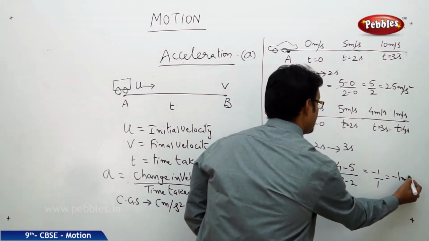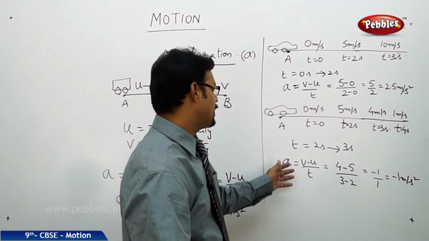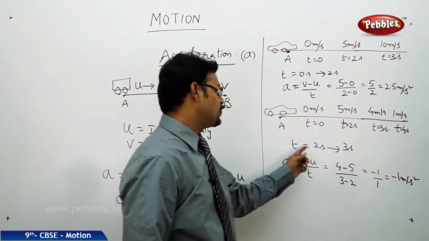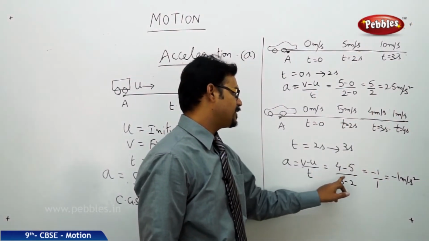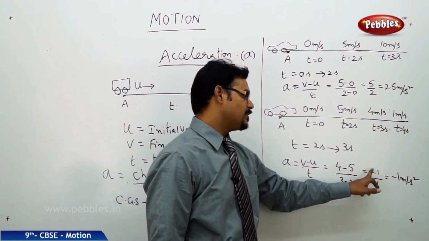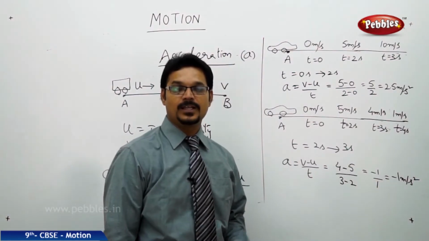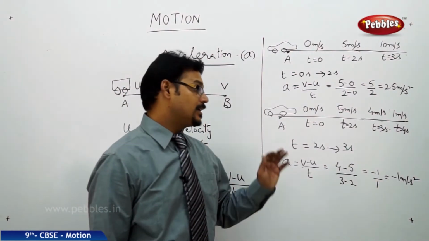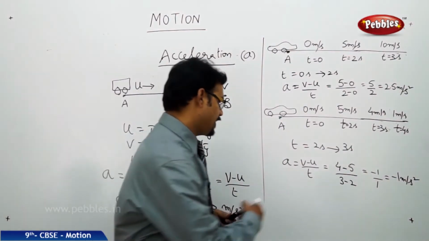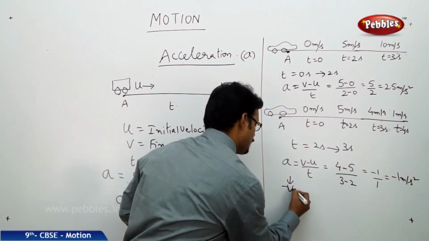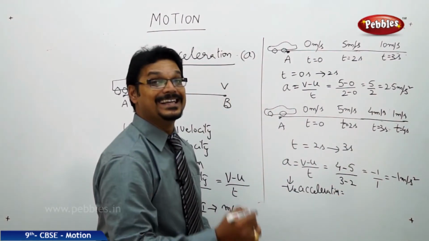So this is minus 1 meter per second square. Here the acceleration is negative. Negative acceleration tells you that the velocity is decreasing. So of course we say negative acceleration, but it is also called deceleration.